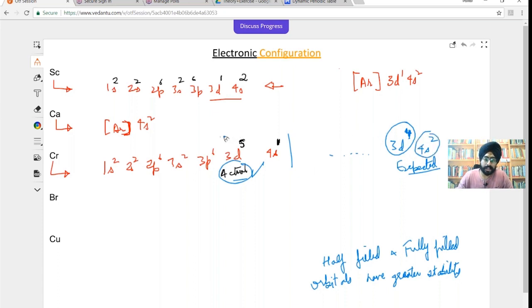Instead, in this particular case both of these orbitals are half filled. The 3d subshell is half filled and your 4s subshell is also half filled. Since both are half filled, chromium prefers this particular electronic configuration.